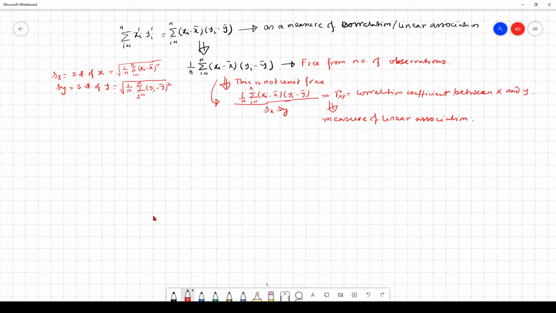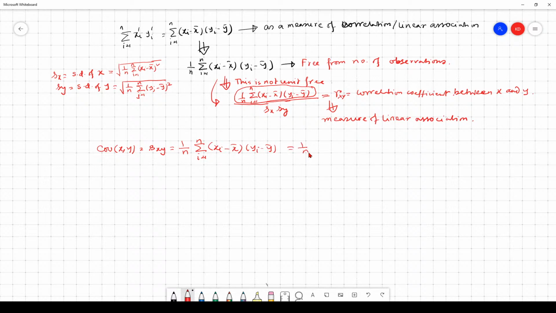And this term is called the covariance between x, y. Sometimes we denote this by small xy, which is equal to 1 by n sum over i from 1 to n of (xi minus x bar)(yi minus y bar).